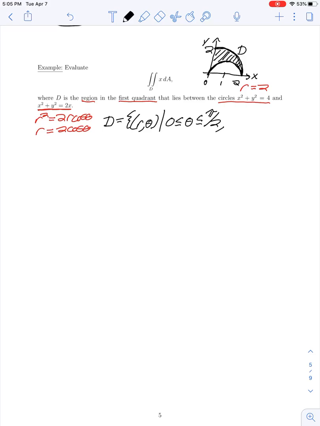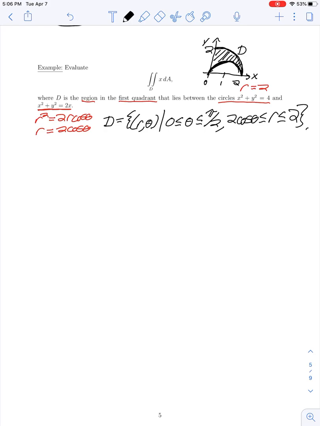And then our radial coordinate is bounded by these two functions of theta. The inner edge of our region D is this 2 cosine of theta circle, and the outer edge is the circle of constant radius 2.